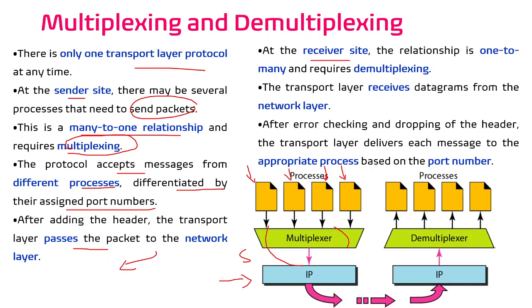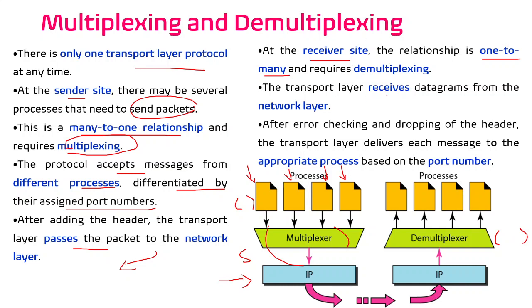So this is happening at the sender side. At the receiver side, the relationship is one to many. Here I am diversifying all the received data towards a specified process which is running at the other end.